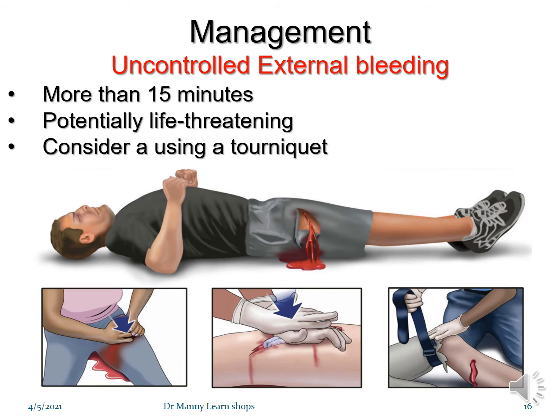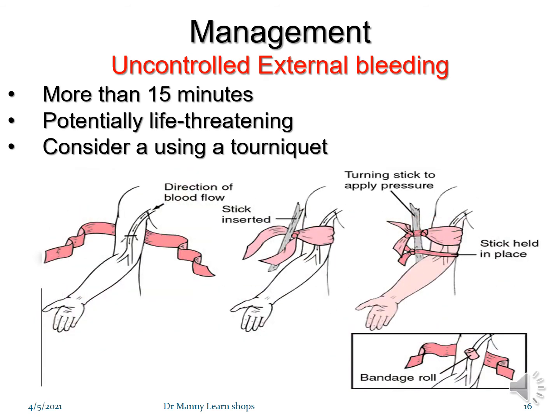A tourniquet is any device that compresses the blood vessel above the injury. So, you've got bleeding, let's look at the arm there. The tourniquet is applied above the injury.